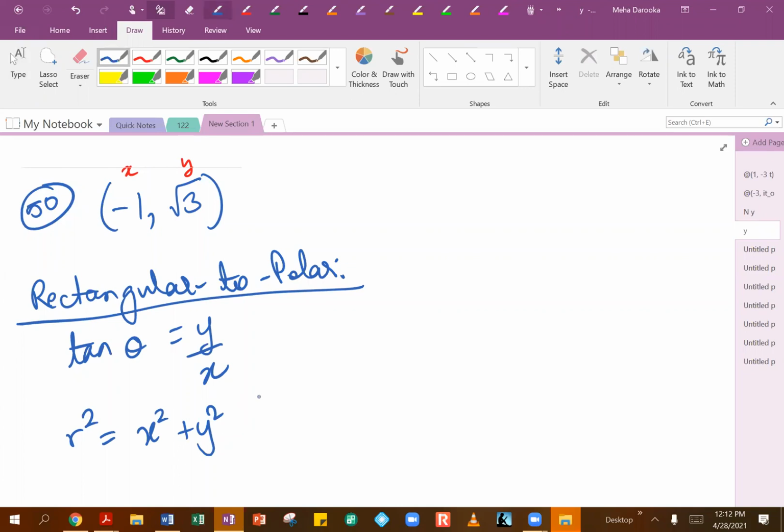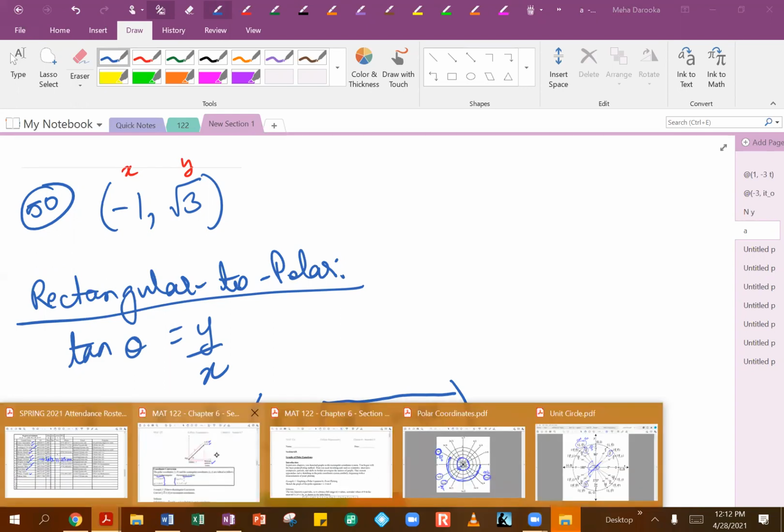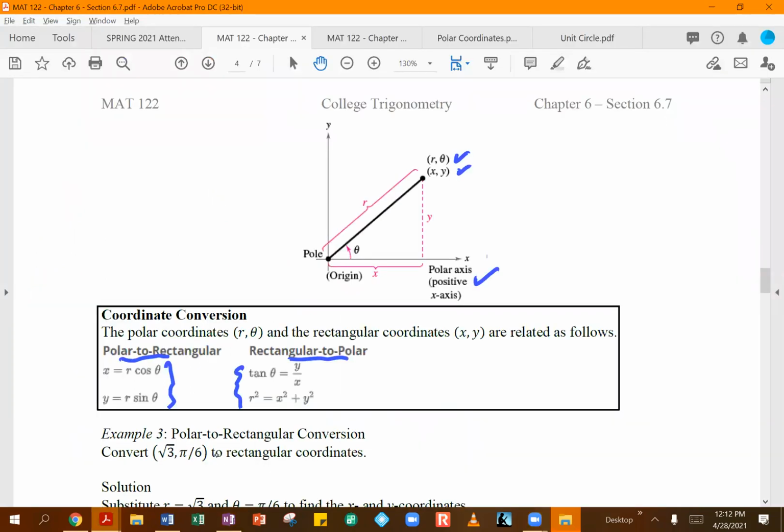And since r is that directed distance, you can also use this alternative format where we take a square root on both sides, but we only keep the positive because, like I said, it's a distance and distance cannot be negative. So you can kind of think of this also as being r equals the square root of x squared plus y squared.